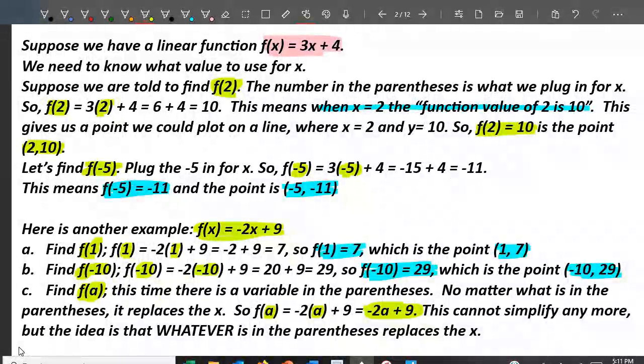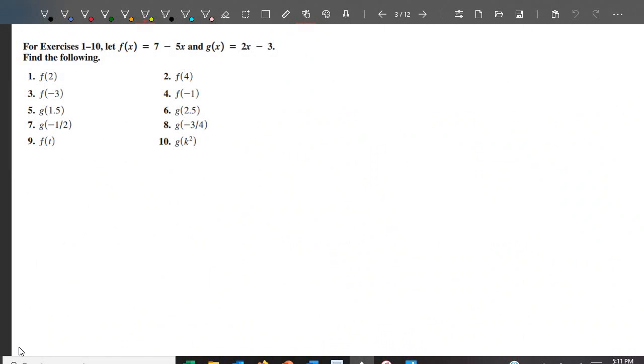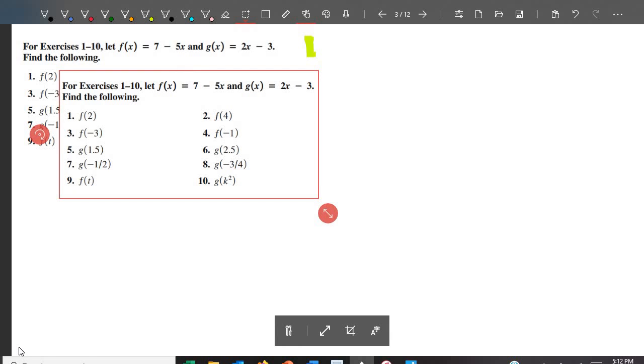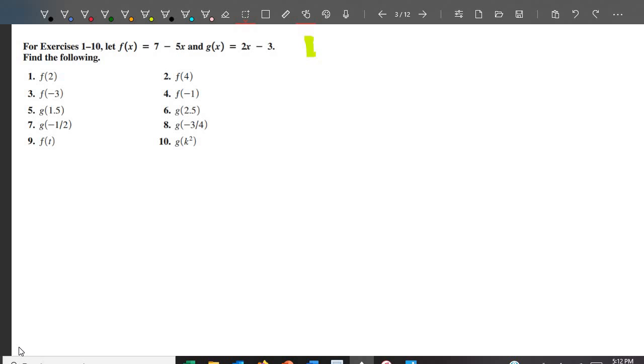All right, now, here's some more examples. I'll just do a couple of them. Let's do number 1. Whoops. I have no idea what just happened. Let's erase this. Okay, so let's do number 1.